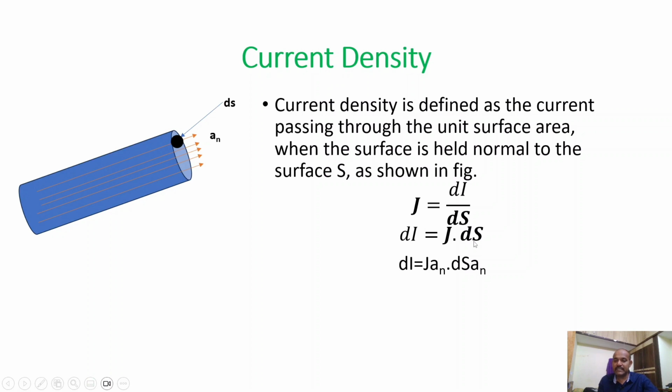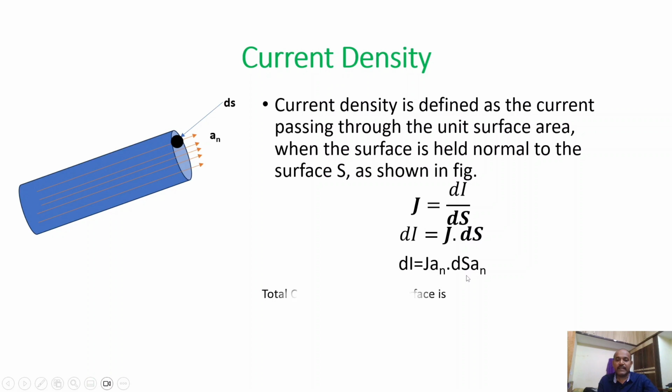Similarly, vector ds can be represented as magnitude into unit vector, and these are normal to the surface. Both the current density and the differential surface are normal to the surface. Therefore, an dot an equals 1. Therefore, di equals j dot ds.